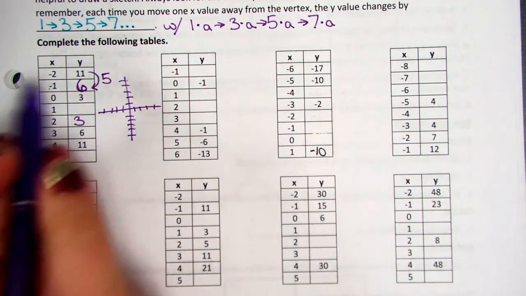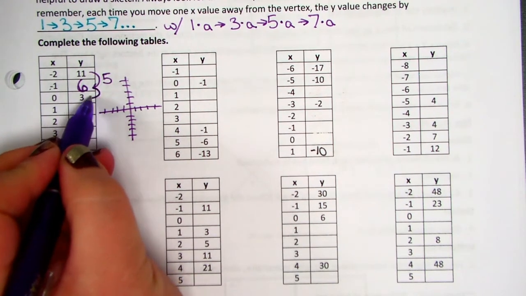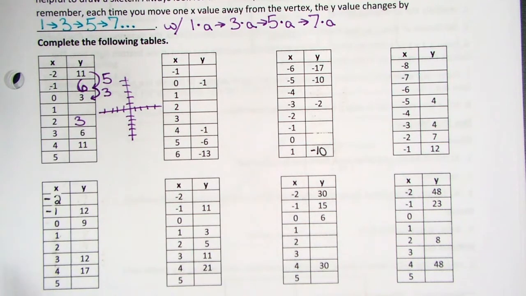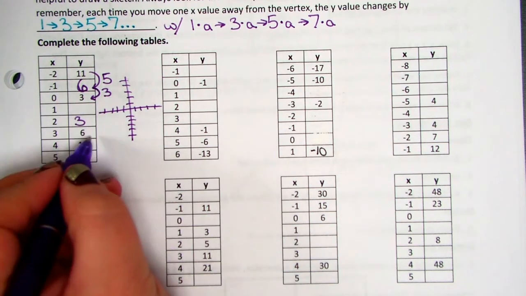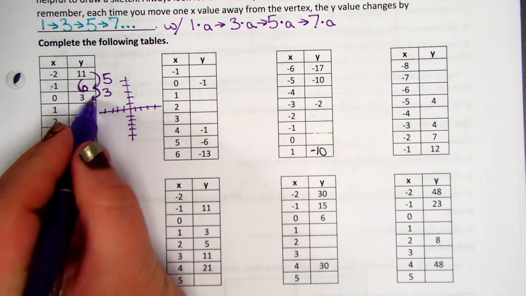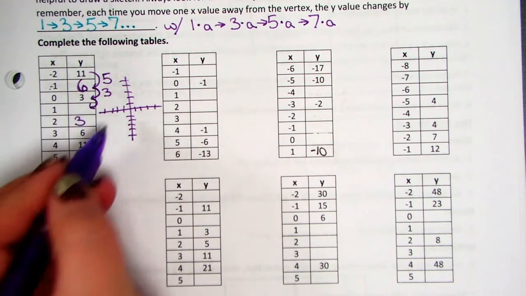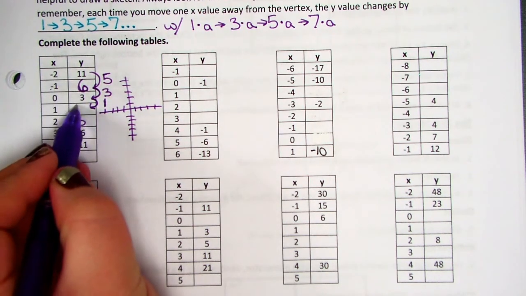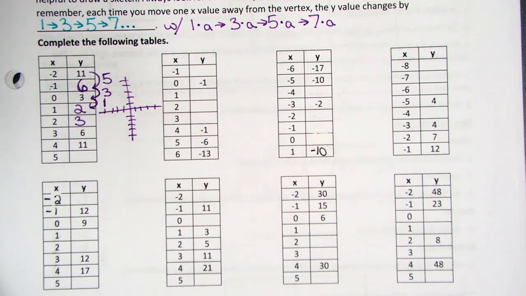So the distance between 3 and 6 is 3. That means that if I'm following my pattern, 5, 3, the distance from here to here should be 1, which would make that at 2.